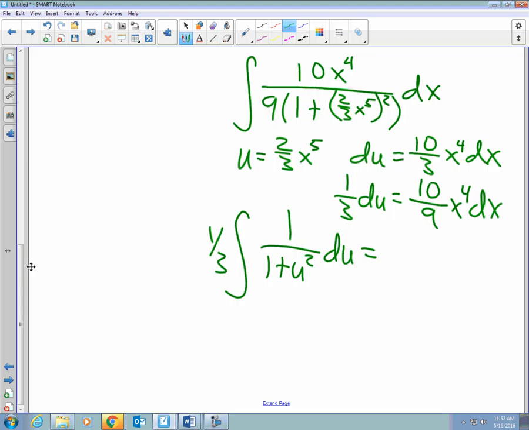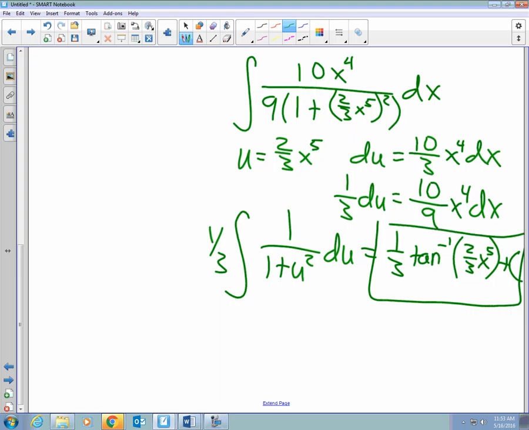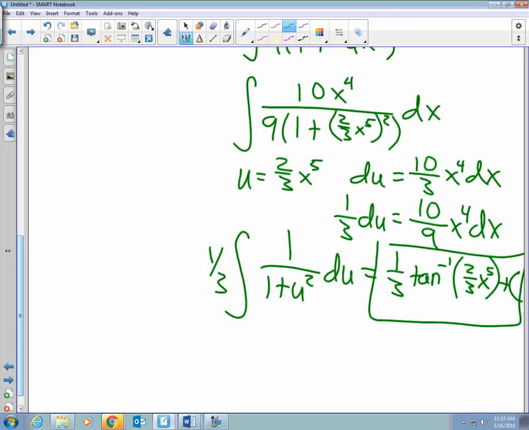Was that an antiderivative? Yep. Well, yes and no. I have a general idea that that's where it's going to end up.